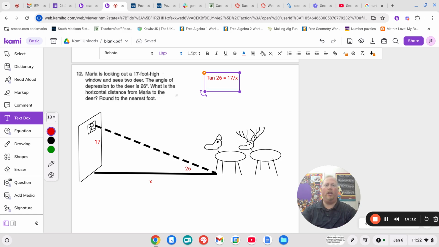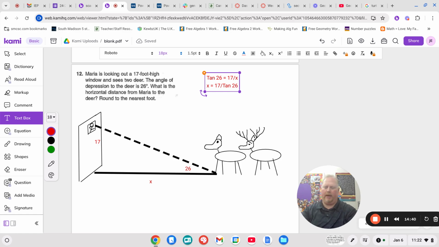That's our clue to do the switcheroo. So the 17 is going to stay where it is. The tangent of 26 and the x are going to flip-flop places. So I will put x equals 17 on top over tangent of 26.